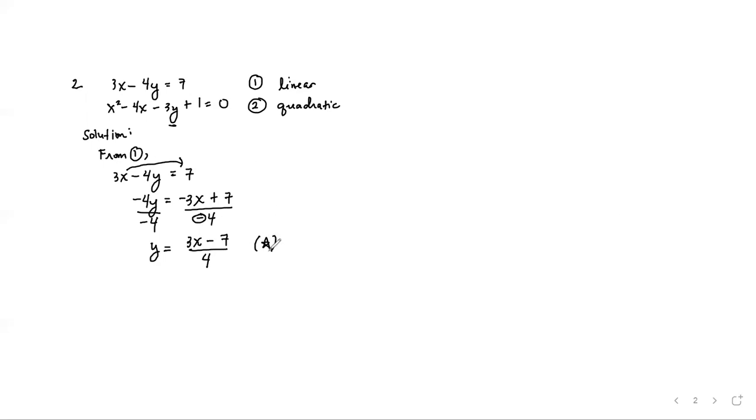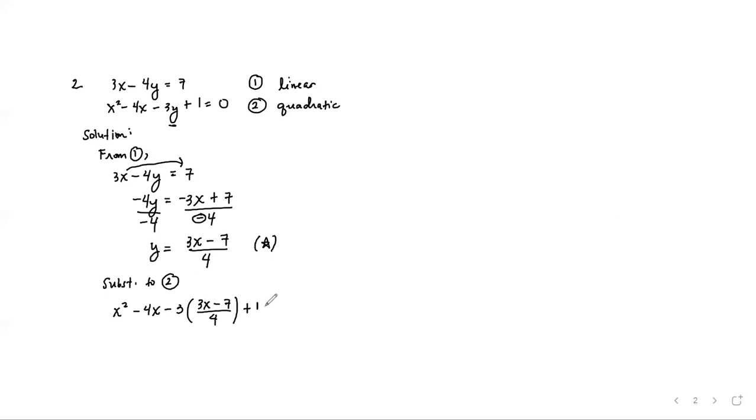So the star equation will now be substituted into equation number 2. So substituting to equation number 2, we get x squared minus 4x minus 3, and then since this is the variable y, that should be replaced by (3x minus 7) over 4.